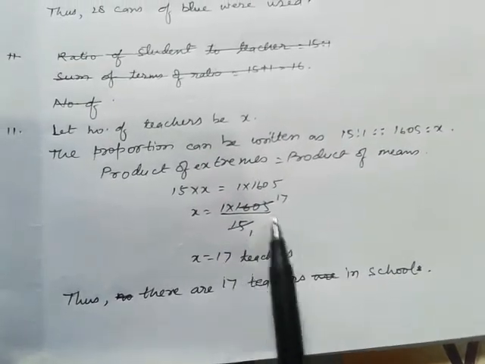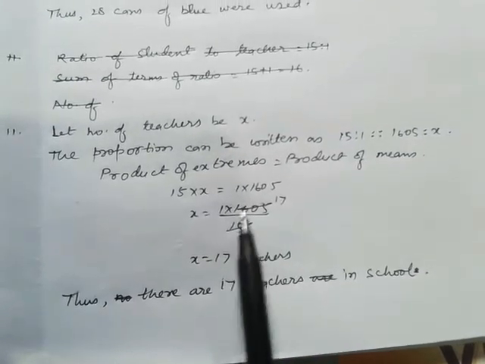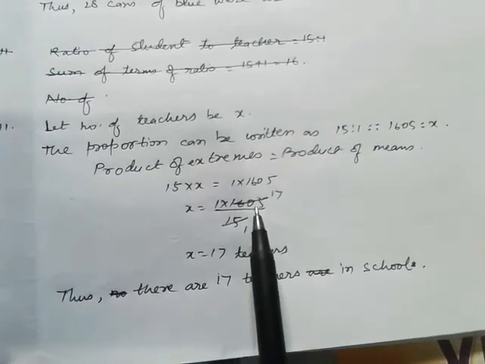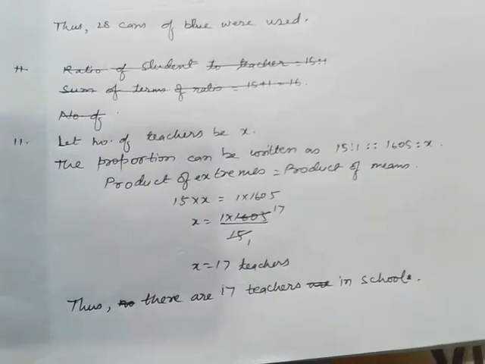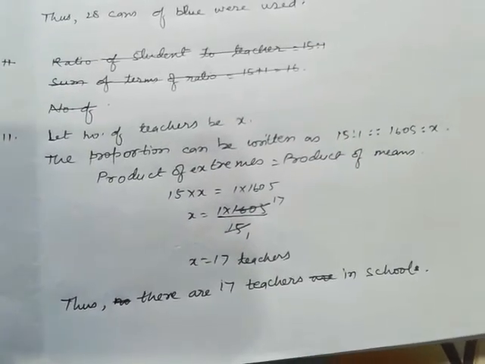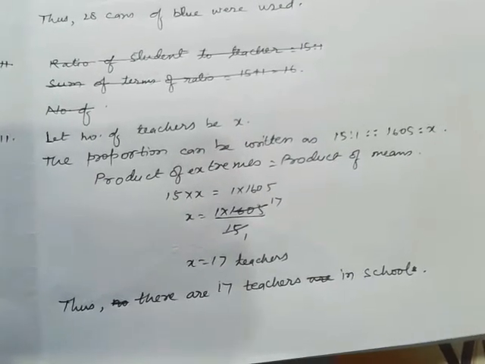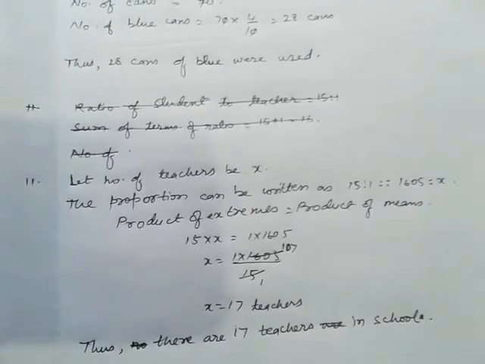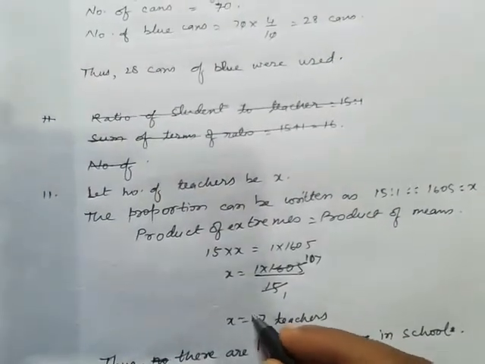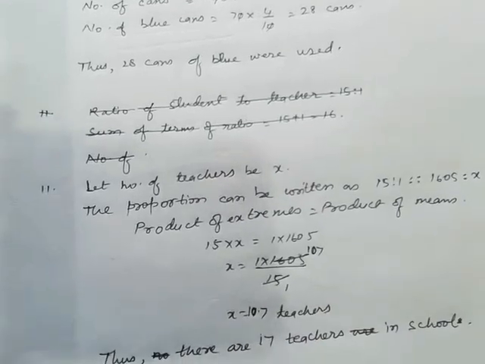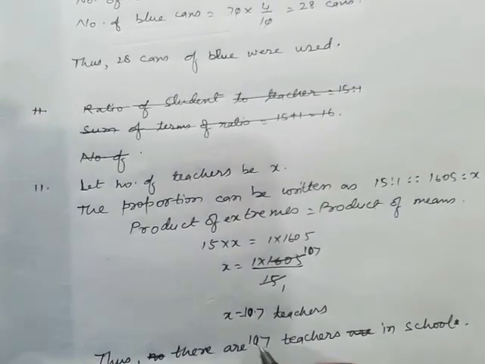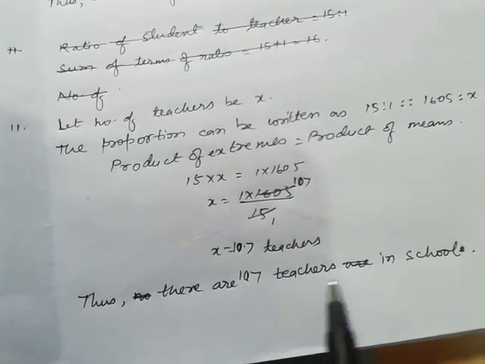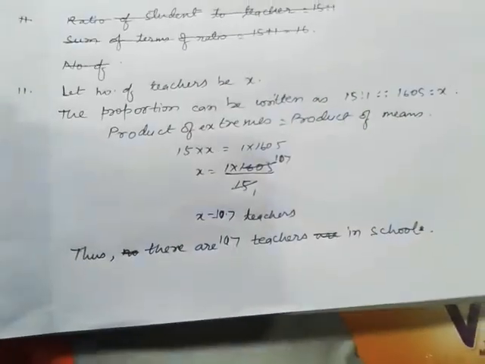So I cut with the table of 15. 15 ones are 15, then here 1 is left. 15 ones are 15. Here 105. 107 it is. So thus there are 107 teachers in the school.